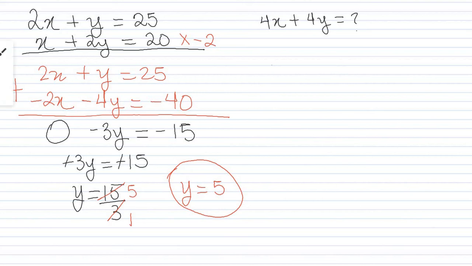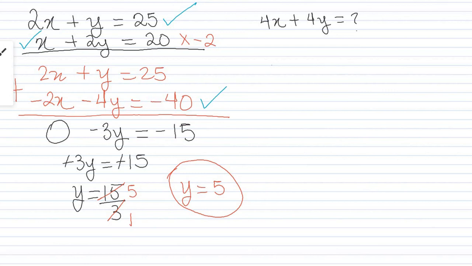You can pick 2x plus y equals 25, or this one here, and you can even pick this one here. You can pick any of these equations, because it's an equation. The left hand side must equal the right hand side. So if you're doing everything to the left hand side, and you do it to the right hand side, then your equation stays consistent, so it doesn't really matter which one you pick to find the value of x.